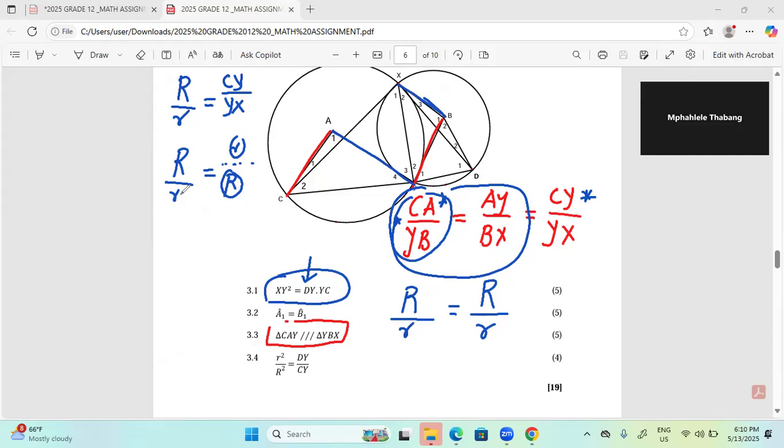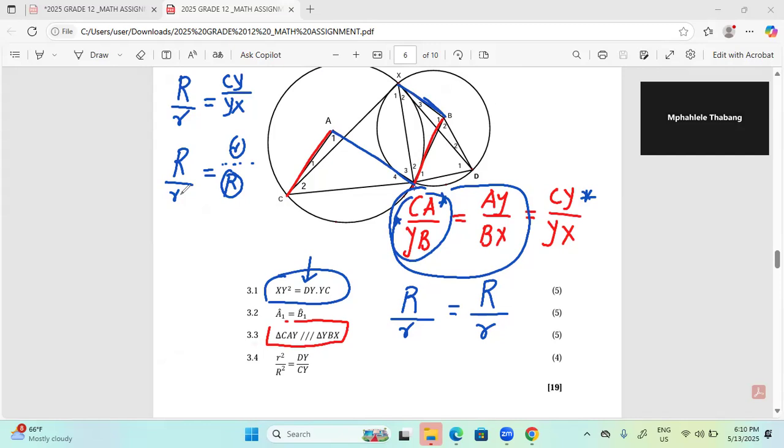I once proved that it's similar as well, when I was solving 3.1. So XY squared, XY, DY, CY. Oh, this DY CY might be coming from some triangles which are similar.